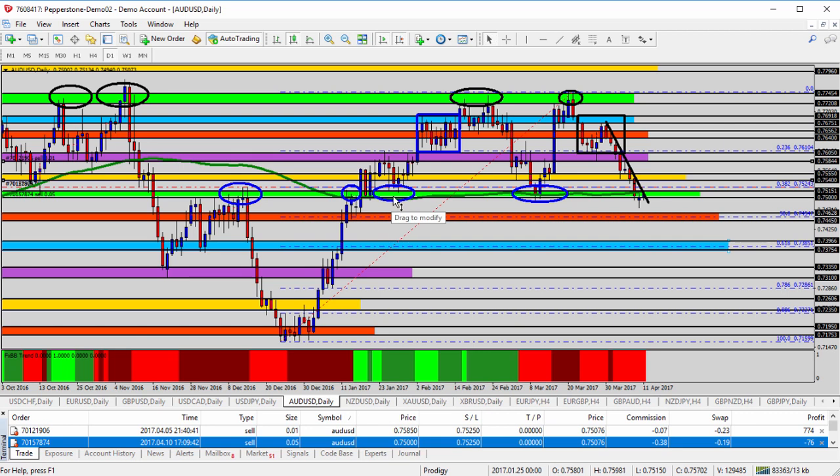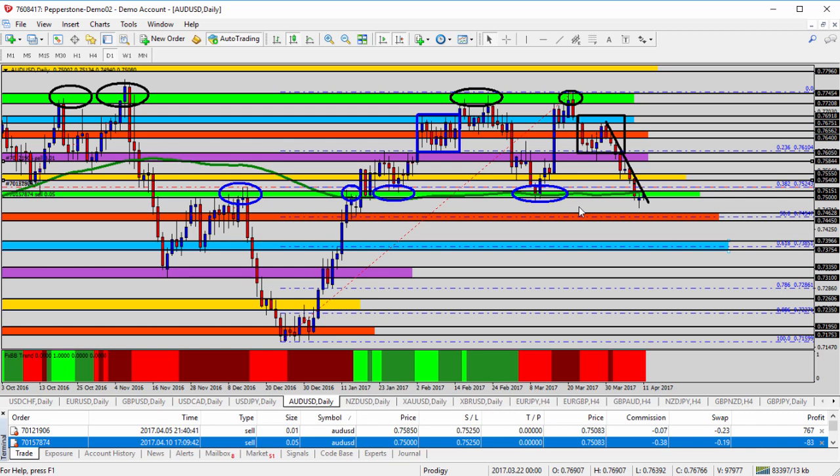We've seen support on top of the green zone and support on top of the moving average. So we've got a couple of things lining up around this green shaded area, which happens to realign with right around the 75.00 level as well. So a couple of things line up around 75.00 with historical support and resistance and the 100 period moving average.